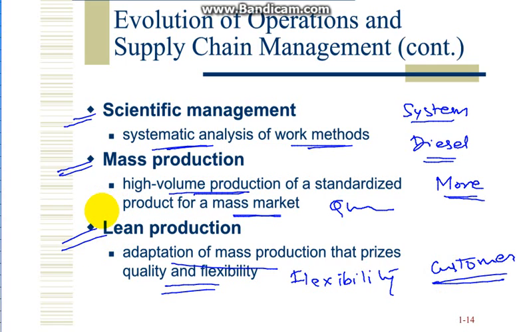So this is how it evolved. First was craft, second the division of labor, then scientific management, then mass production, and then lean production. This is how the evolution of operations management and supply chain management is considered.